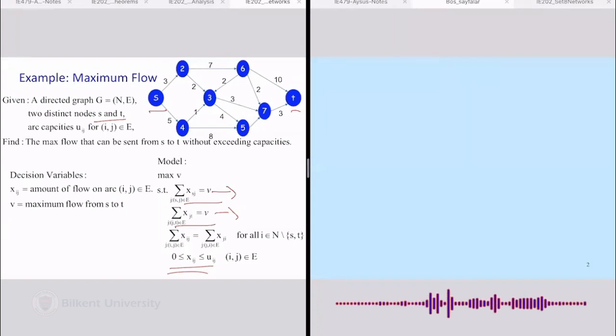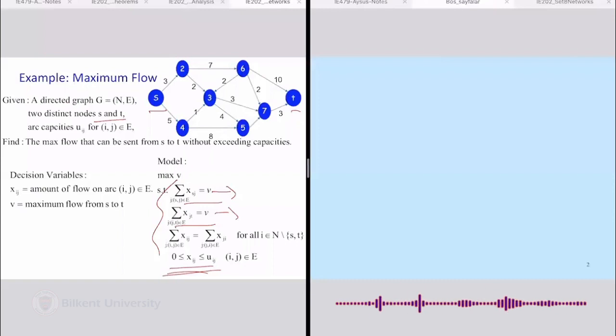Flow balance. Well, this part definitely looks like my flow balance, but then the objective is maximizing V. How do we convert this to MCNFP? Because the constraint structure is very similar, right? We have flow balance, some sort of, yeah, and the upper bounds. These are all fine. I don't have costs, and the objective is maximizing V, which has nothing to do with my MCNFP.